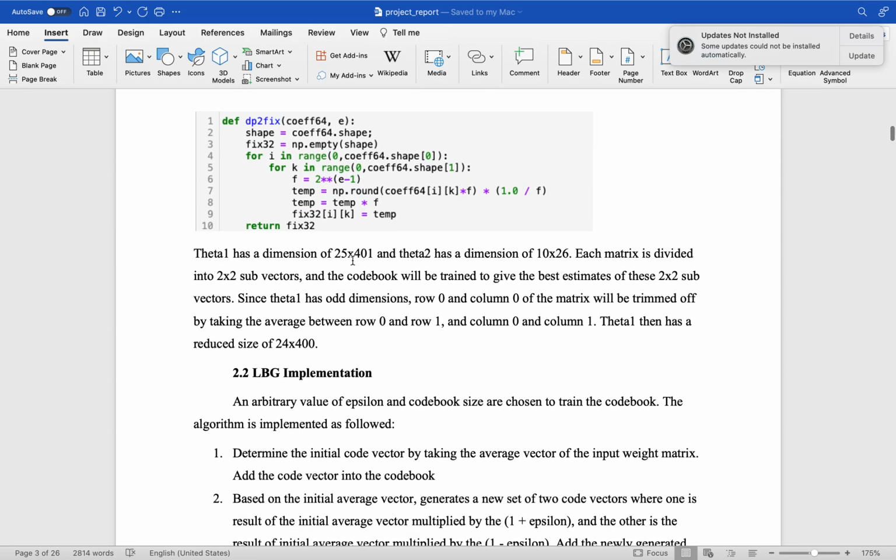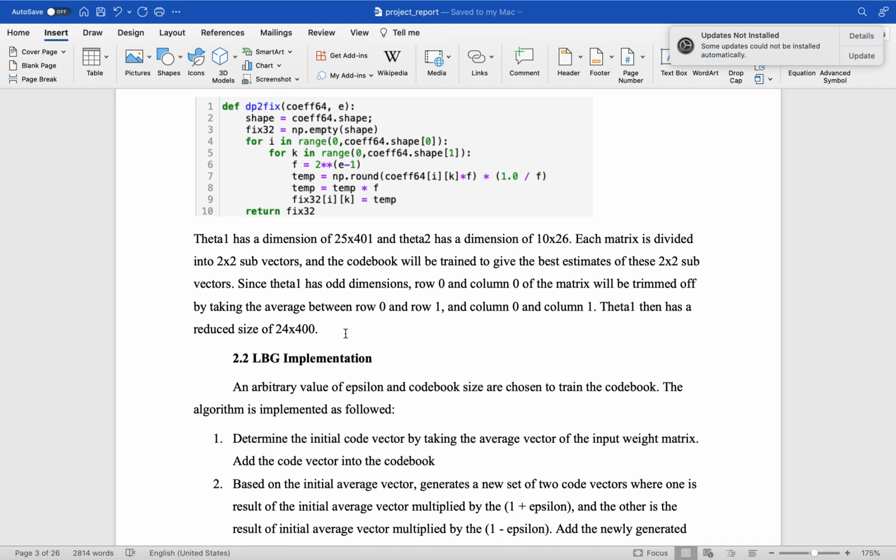The entire project is implemented using Python. Theta 1 has a huge dimension of 25 rows and 401 columns. Theta 2, on the other hand, has 10 rows and 26 columns.